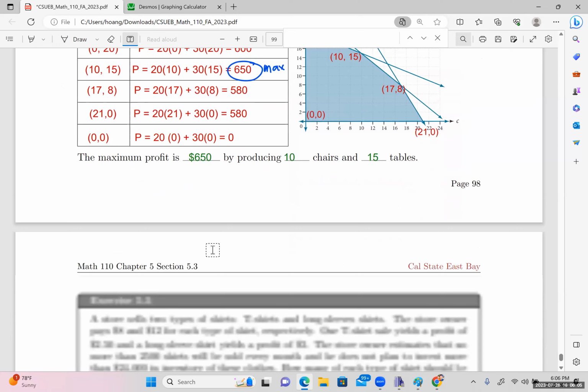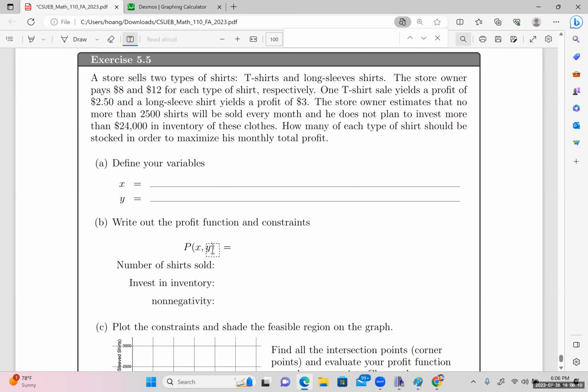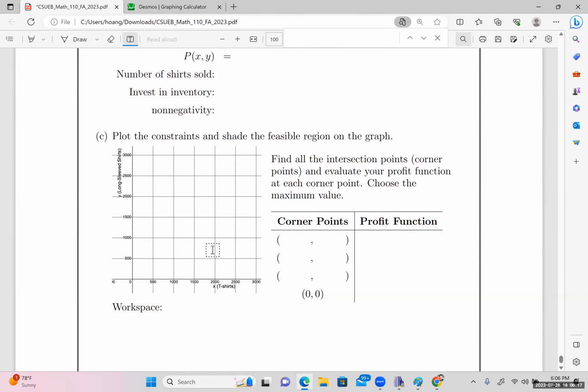And we have exercise 5 here. I would like to let you guys practice on that, and I will give you the answer key here: 0, 2000, 1500, and 1000, 2500, 0.